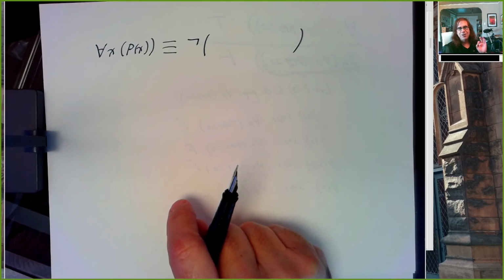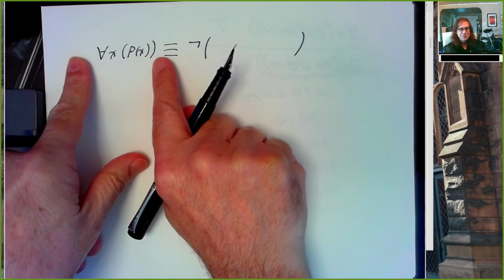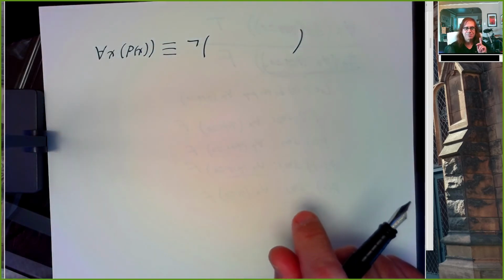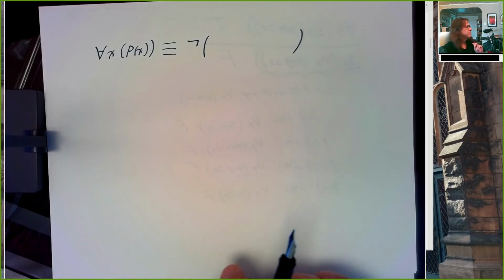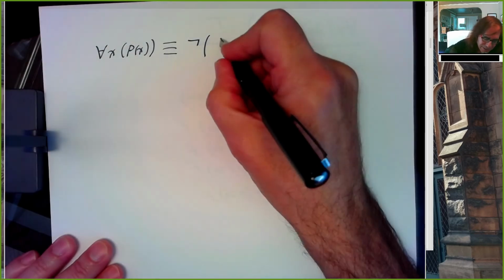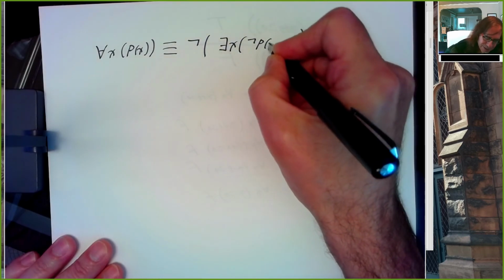If all politicians are honest, that's what this statement says. If this fails to be true, there's got to be at least one x for which p fails. So this is the same thing as there exists an x such that not p of x.